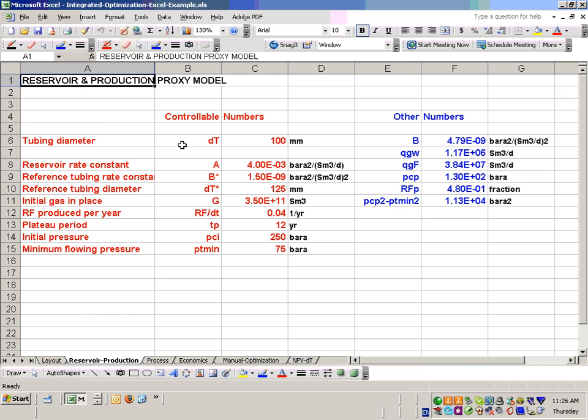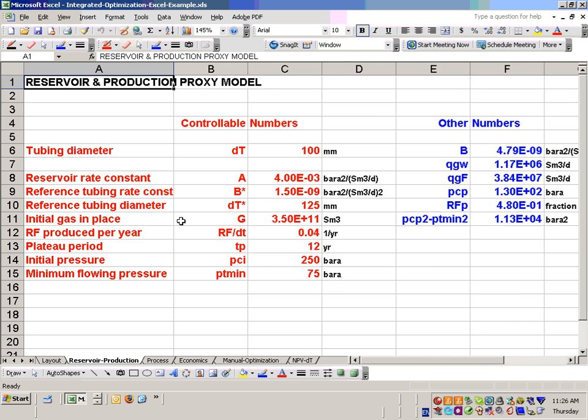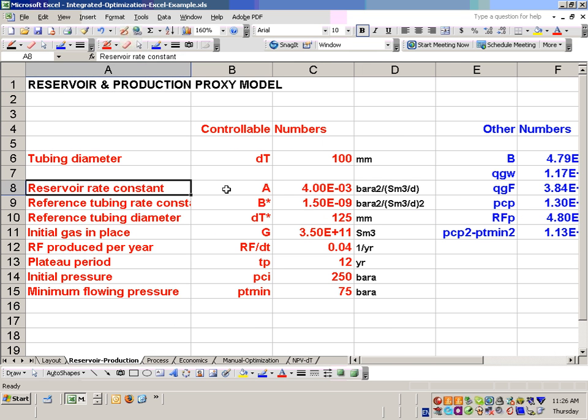Now, we're going to have to look at this. This model is such that you give the following input, and we'll look at the reservoir rate equation. That's basically your KH and skin.